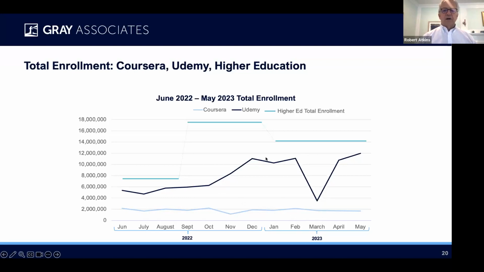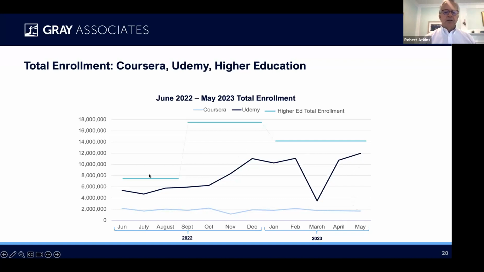And look at the sheer volumes of students enrolled. You know, we're at 10 million here, a little over 10 million again here, and up to 12 million in May of this year. So just massive numbers of students enrolled. I'm sorry, that's the combined total of these two in these programs.